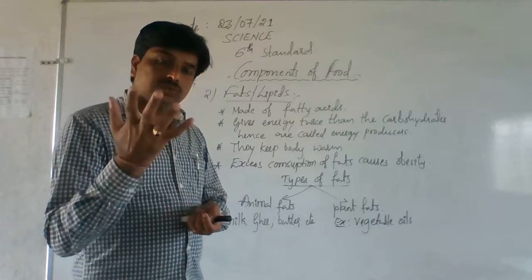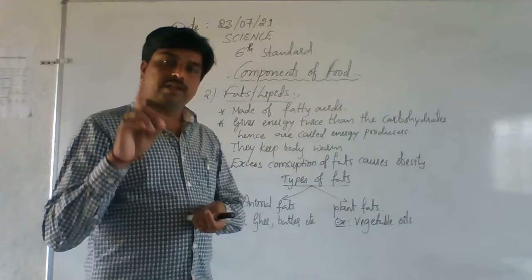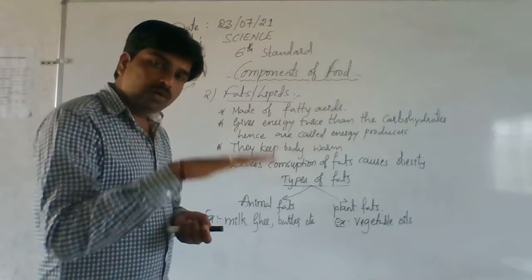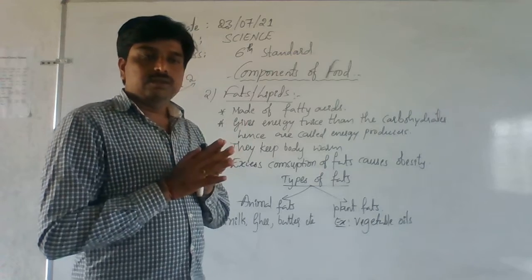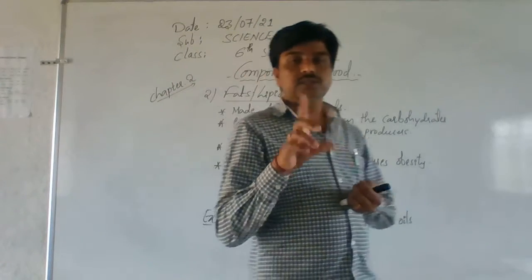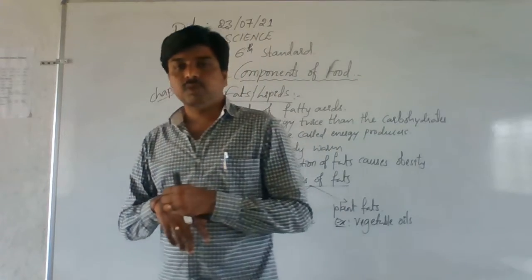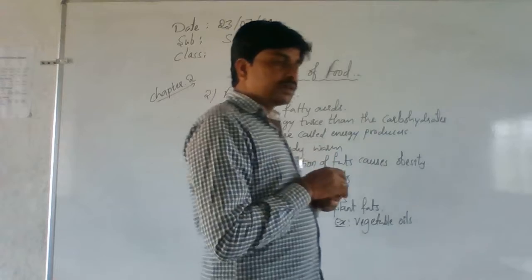If it turns green, the food sample contains a very low amount of sugar. So these are the tests to find out the presence of starch and sugar in your food sample. This is what you learned in the last class.